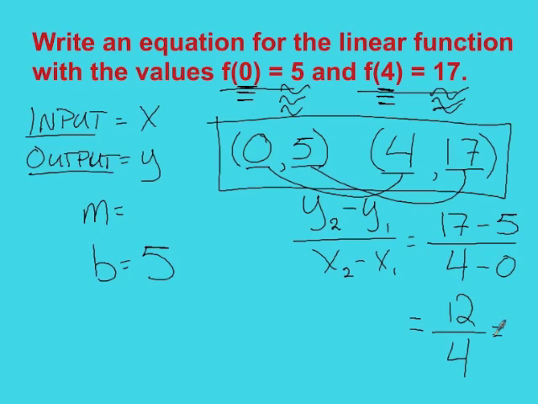But 12 over 4 can be simplified. So I'm going to simplify that down again. 12 divided by 4 would just be 3. So my slope is just 3. If you kept it 12 over 4, you're probably wondering, would that be wrong?